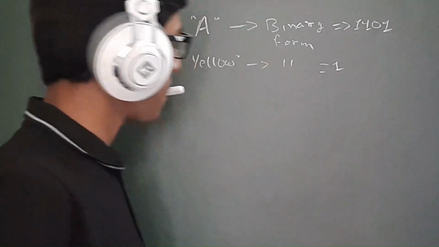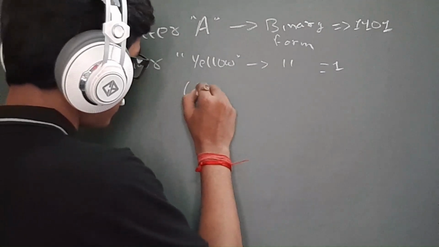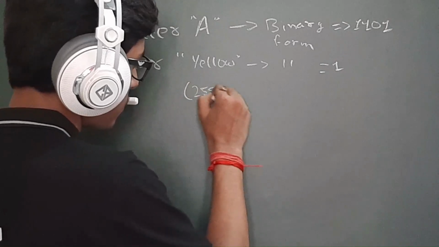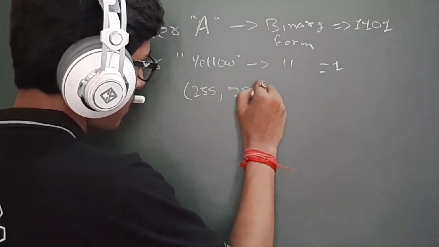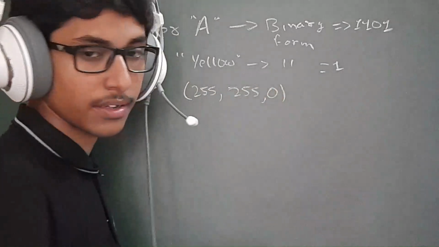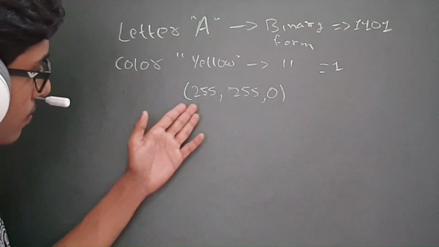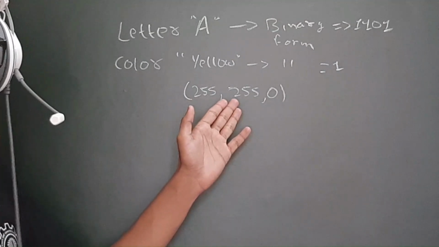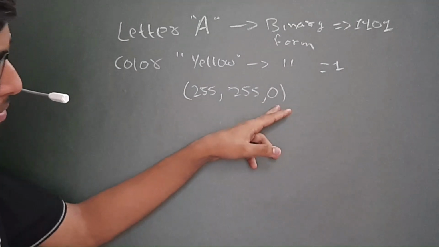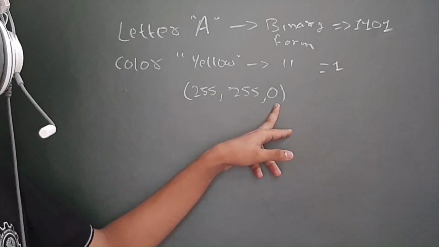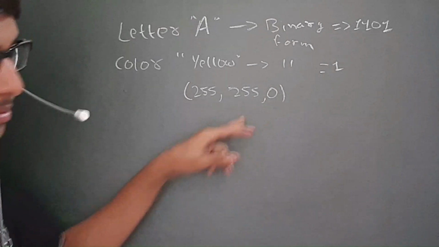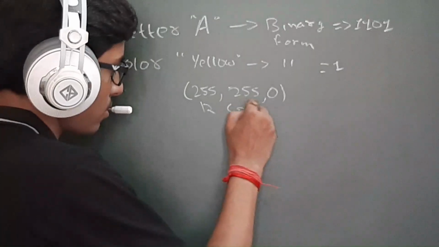So the numerical value of yellow is 255, 255, and 0. So there is the full range in red and green, and there is no blue.